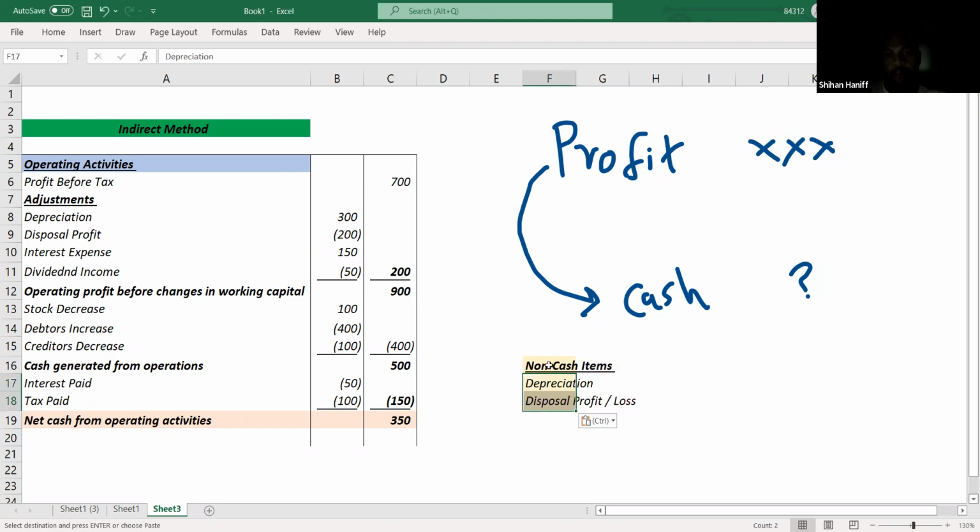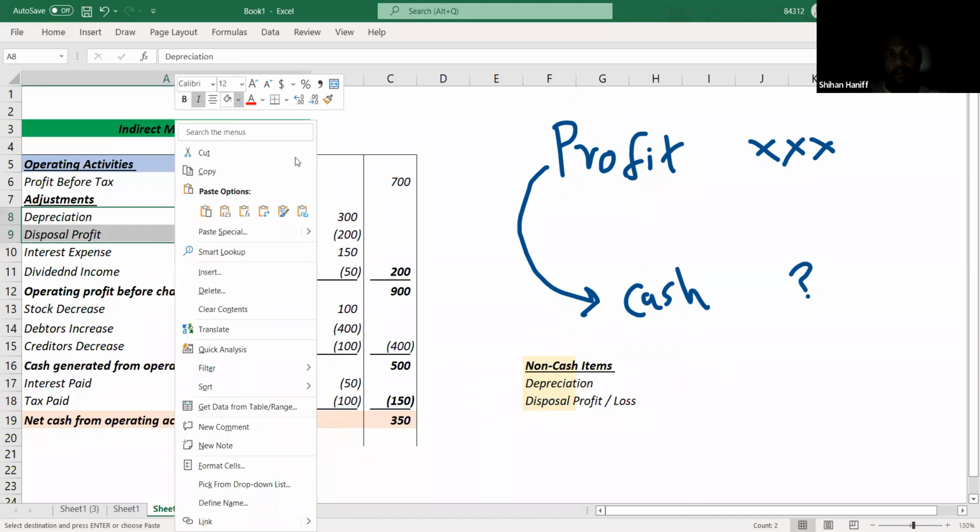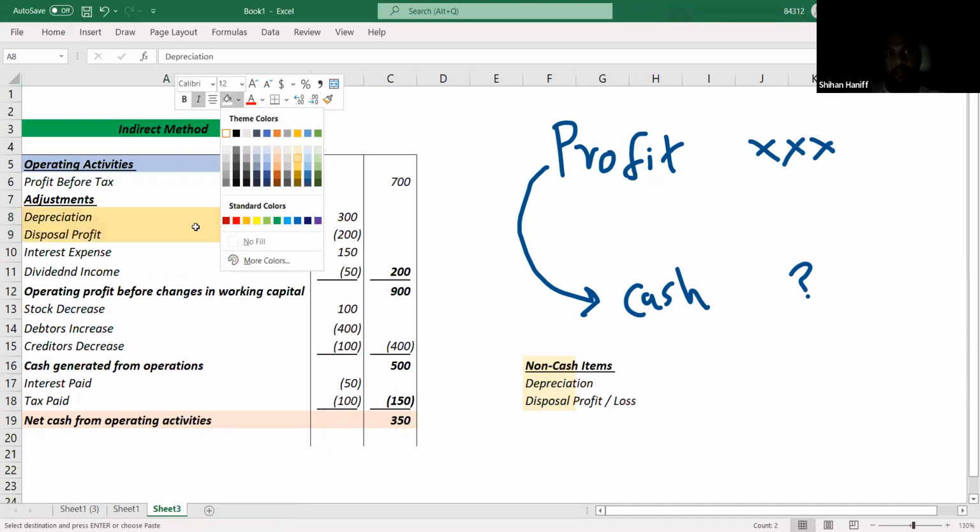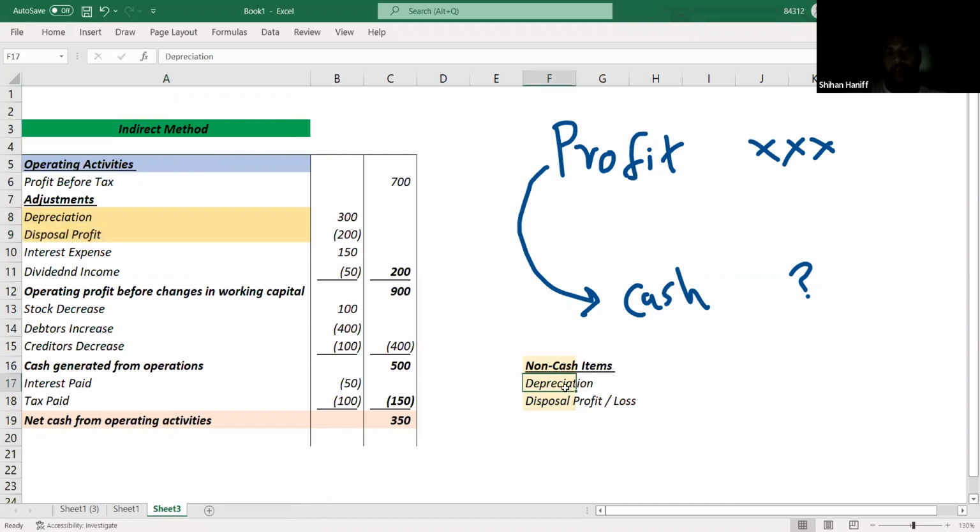These are non-cash items. Depreciation is not a cash payment. It is an adjustment that we do. So these two, we have to adjust.